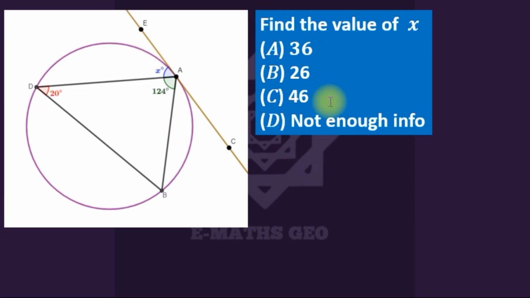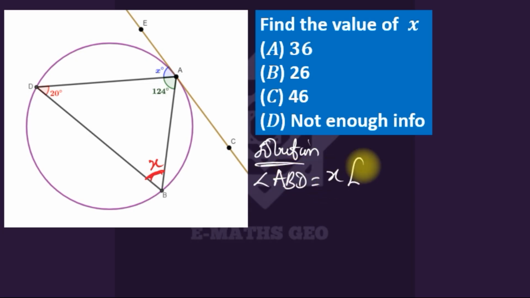So let's solve this example. They said find the value of x. From the diagram, I'm seeing a tangent line and I'm seeing an inscribed triangle. So this is also x. So we are saying that angle ABD is x by the alternate segment theorem.